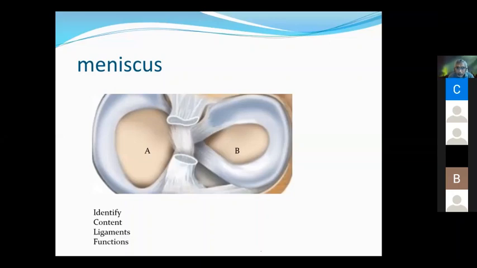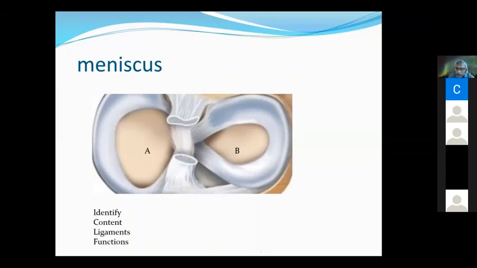Okay, what is the coronary ligament? Where is it attached? Peripheral. Yes, the coronary ligament is attached to the medial meniscus. The meniscofemoral ligaments are attached to the lateral meniscus.